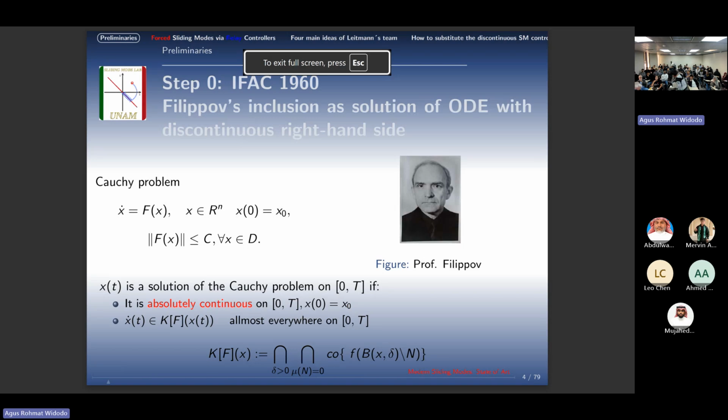It was the first IFAC Congress in Moscow, 1960. There was a clever guy called Professor Filippov, and he understood what happens there. He said, guys, you see, this is a table. For the table, it doesn't matter which perturbation I'm applying, before I reach the dry friction threshold, I need to make a strong force to move it. Before that, it doesn't matter. So what happens?